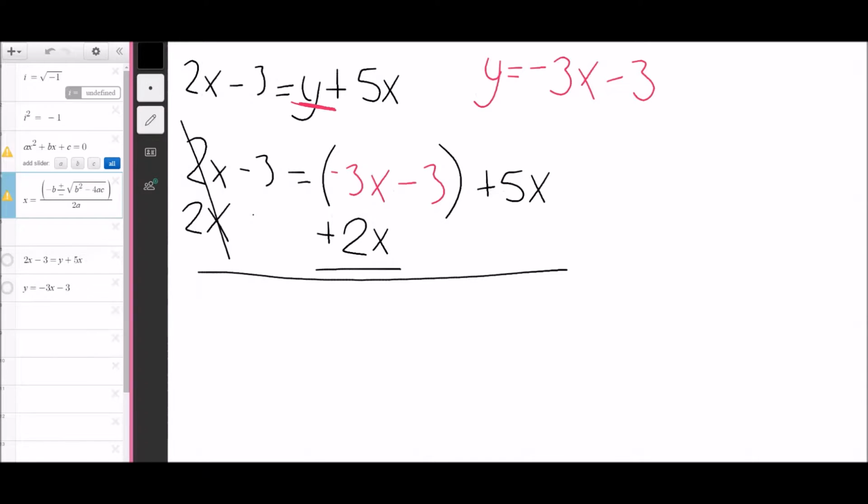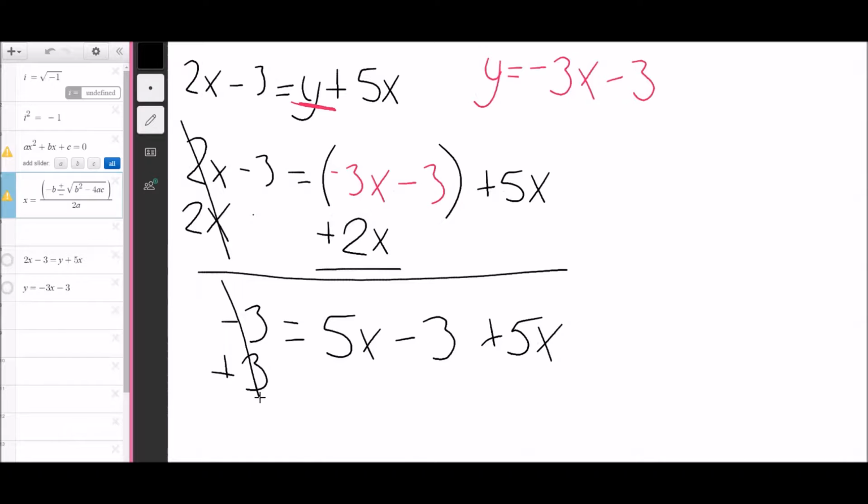So it's going to be -3 equals 5x minus 3 plus 5x. Okay, so you're going to do it again. You're going to add 3, which is not going to be here because you can't do it here.